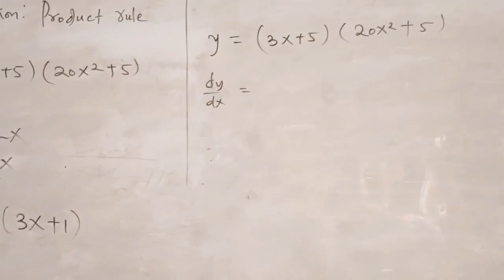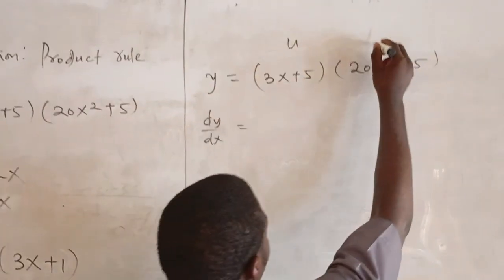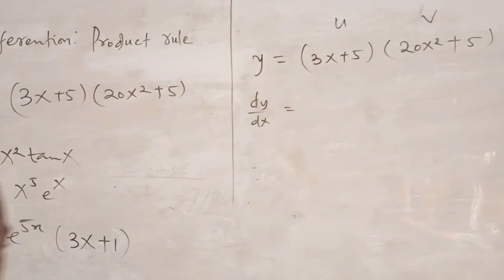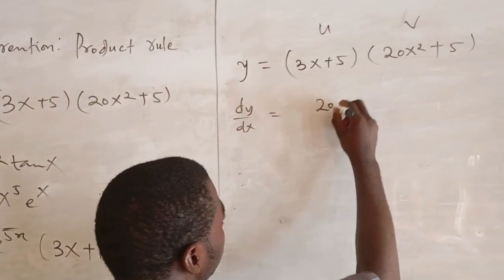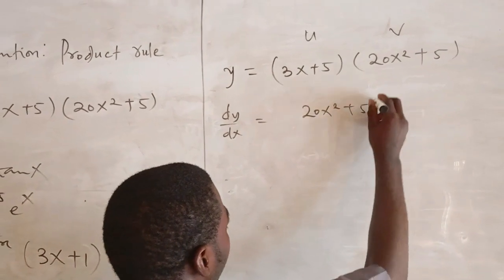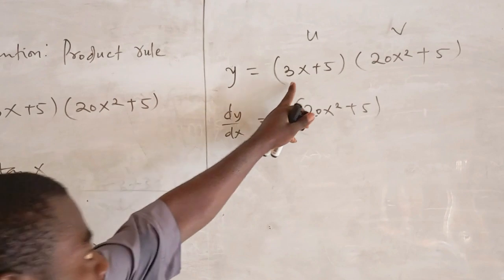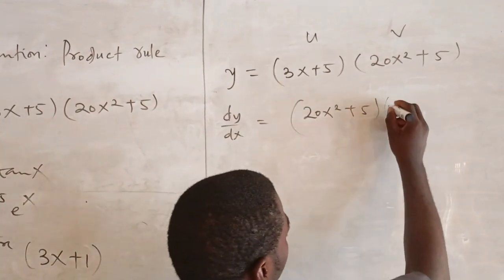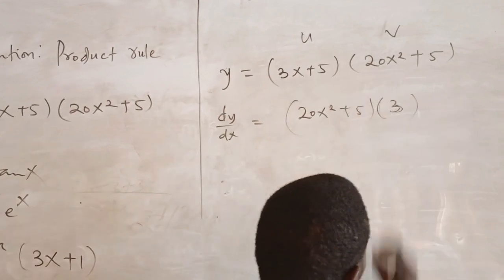And what's our v? Our v is the second function, so you can call this u and call this v. So v du/dx is 20x squared plus 5 multiplied by the derivative of the first one. If we differentiate 3x plus 5, we'll get 3.